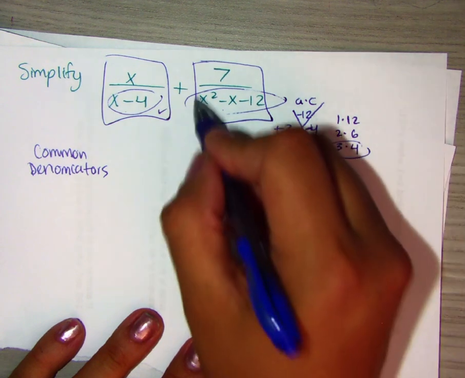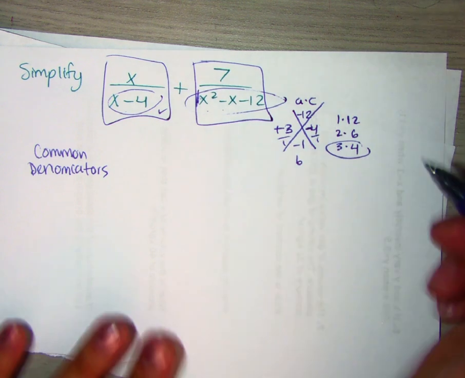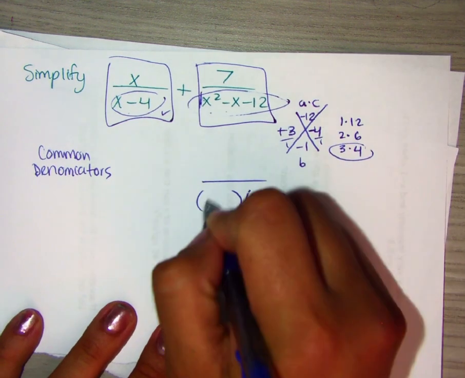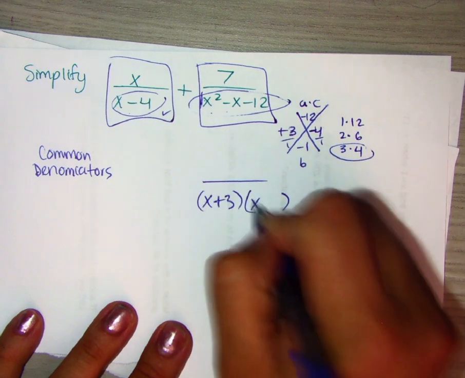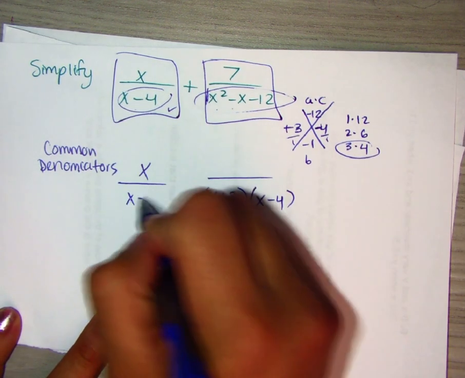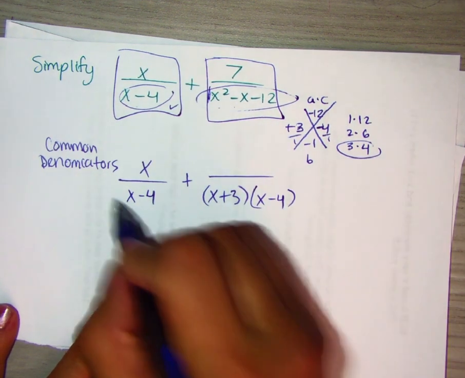If the a value is 1, you technically divide these by 1, so it gives you the same number. So your new denominator over here is going to be x plus 3 and x minus 4. This doesn't change. Now we add, if they are common denominators.